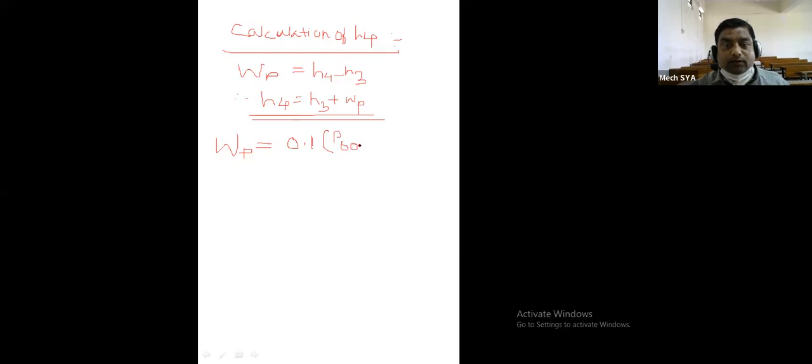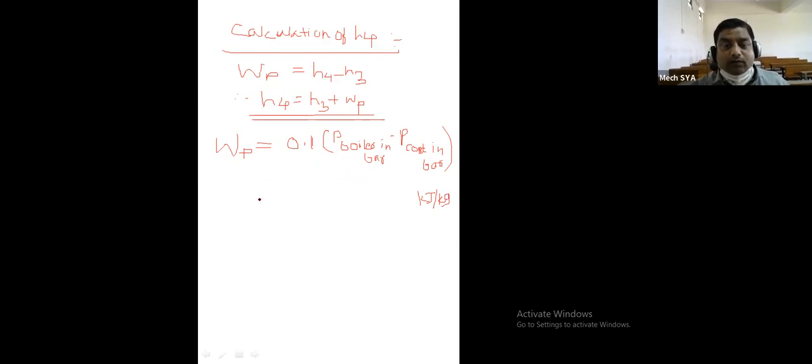DP means pressure: P boiler in bar minus P condenser in bar. Both pressures are in bar, and this value we get in terms of kilojoule per kg. To get kilojoule per kg, this is the conversion factor I have applied. We will not explain this formula because we don't have much time; you only remember this formula.